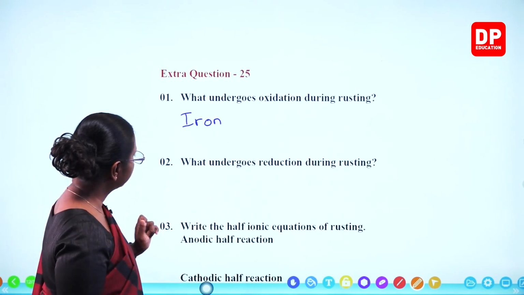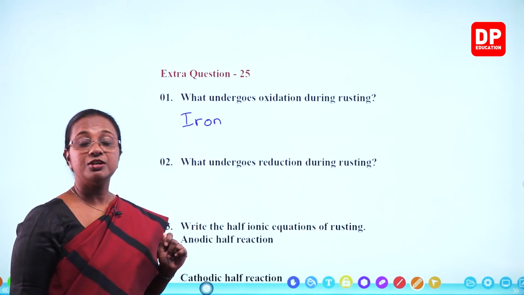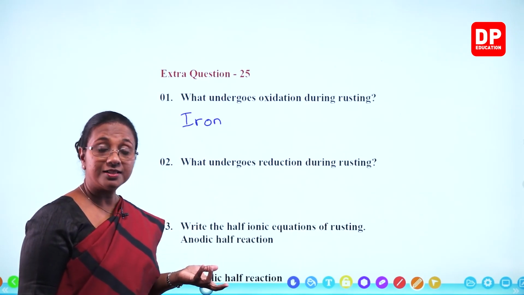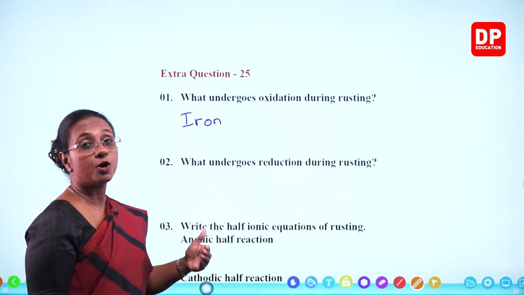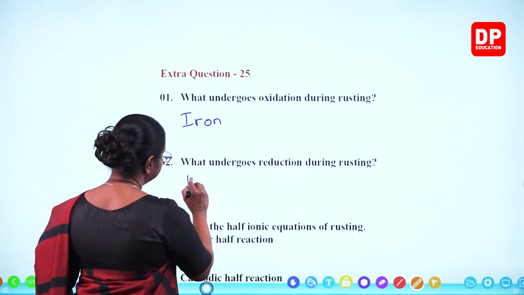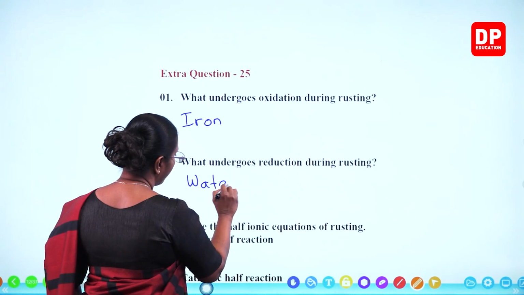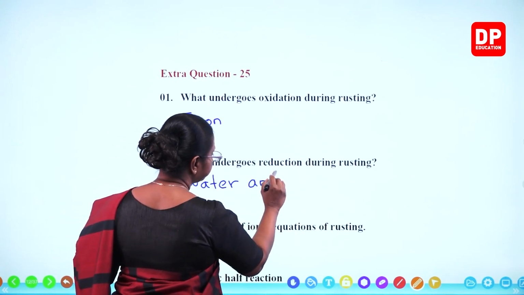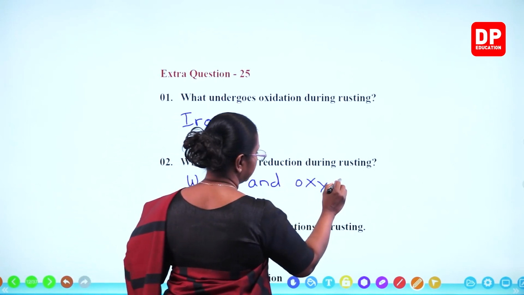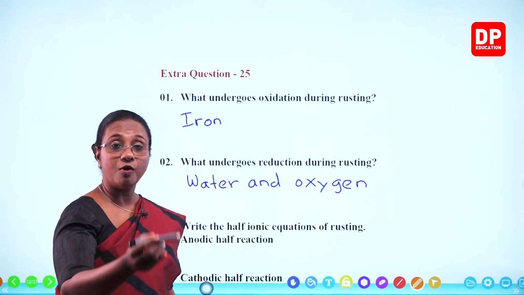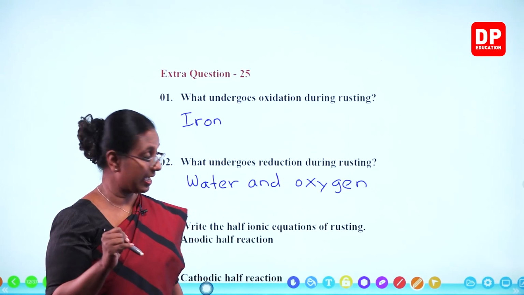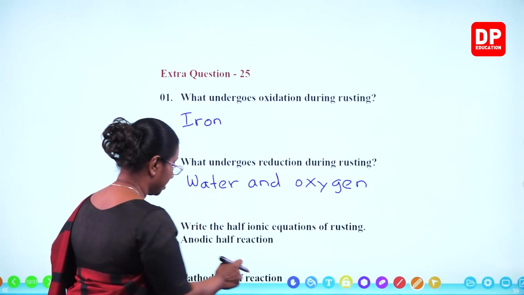Then the second one, what undergoes reduction during rusting? What are the components that undergo reduction? Both water and oxygen together. Both of them together take up electrons and form OH minus ions. So they undergo reduction.